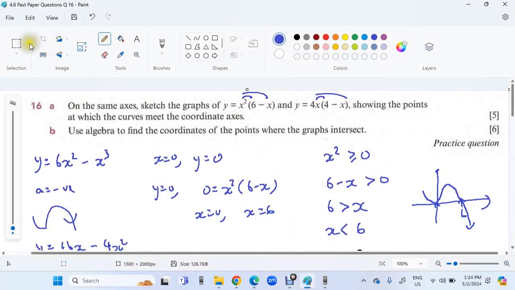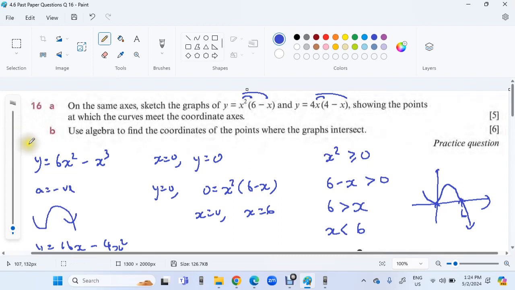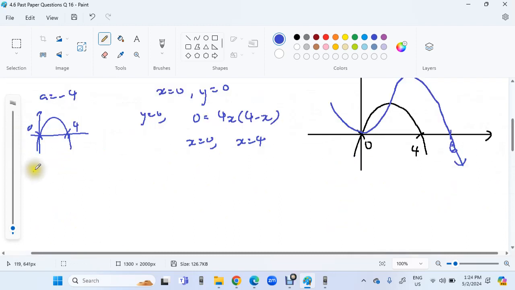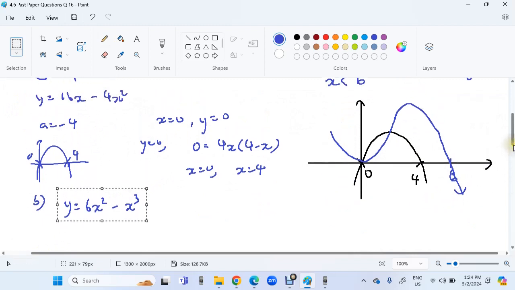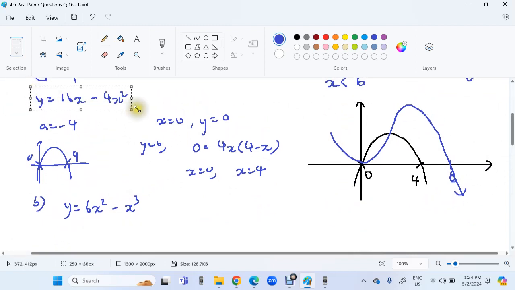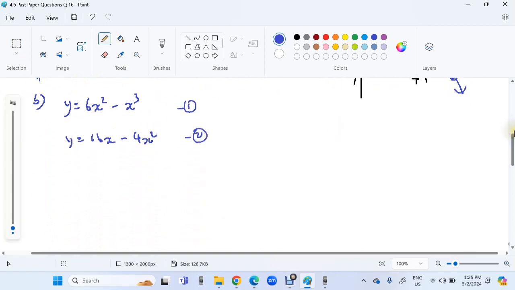For part B, we need to use algebra to find the coordinates of the points where the graphs intersect. Here we have this y and also this y. So this is equation 1, this is equation 2.